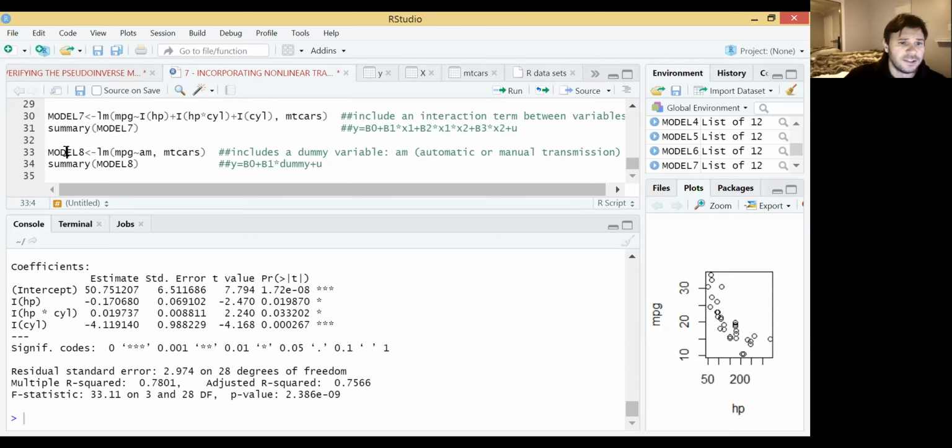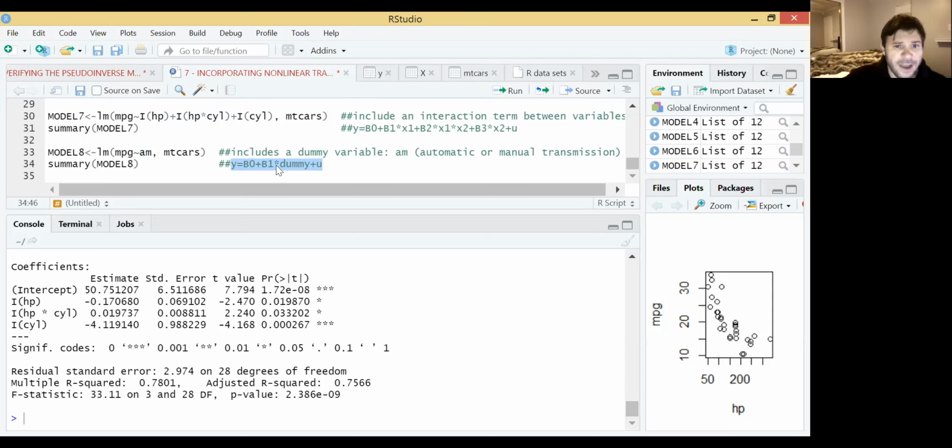Last but not least, model 8 involves what we call a dummy variable. A dummy variable is just a binary variable. If you go back to the help file, you can see how the transmission variable is coded. It's either 0 or 1, depending on if it's automatic or manual. And what we can do here is write a regression with a dummy variable on the right-hand side. This is actually not technically a nonlinear regression, so this is kind of the odd man out in this segment.